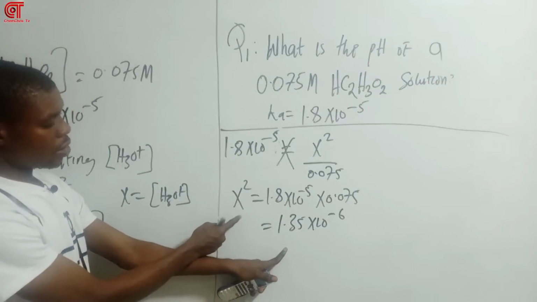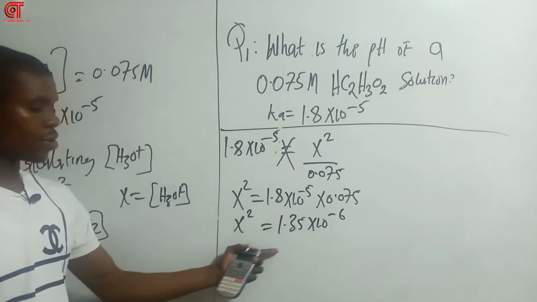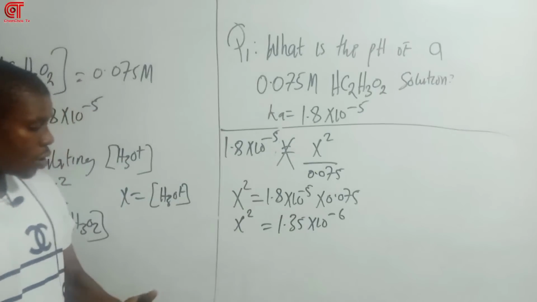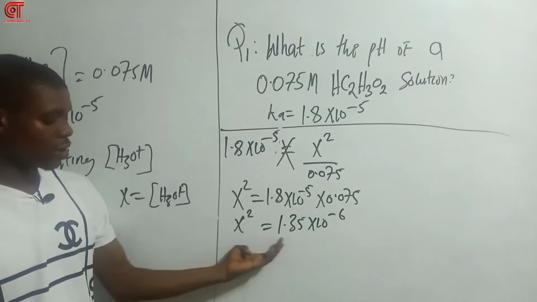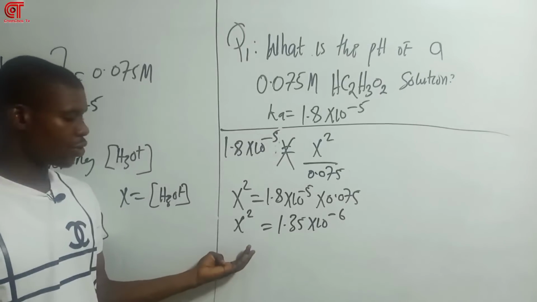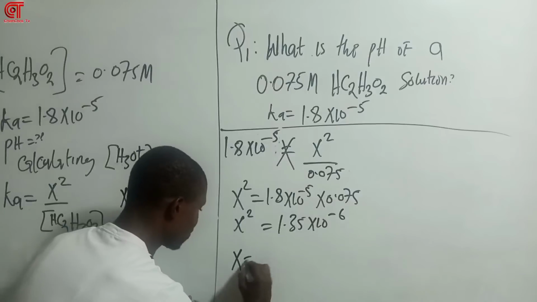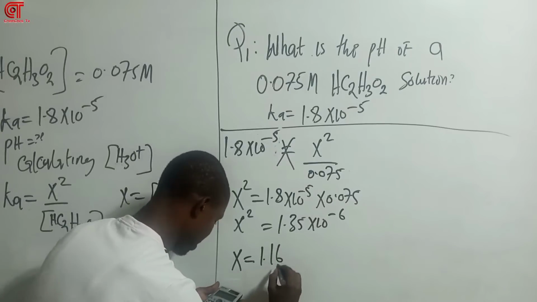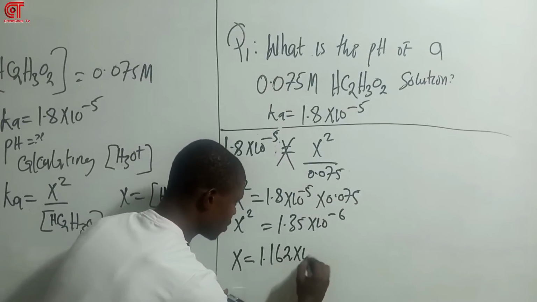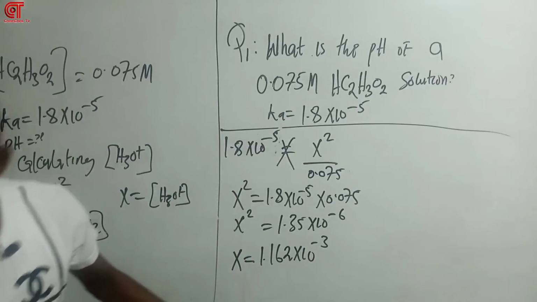This is my X squared. Now what you want to do is take the square root of both sides. Remember we are calculating X, not X squared. So for me to get my X, I take the square root of both sides, which equals 1.162 exponential minus 3. Get that?